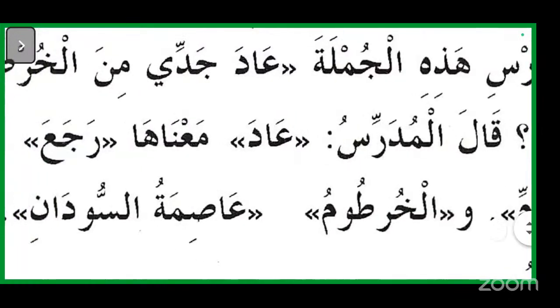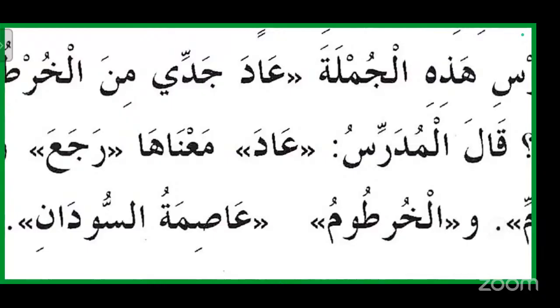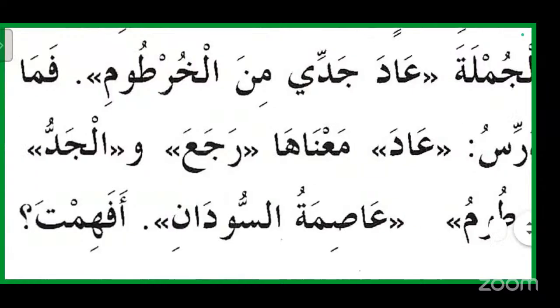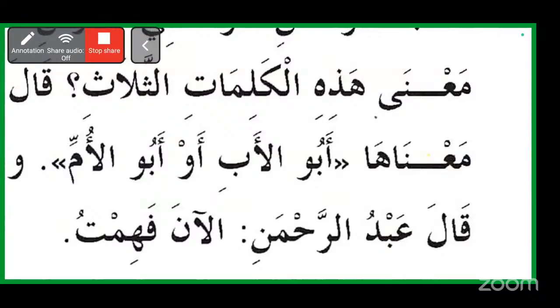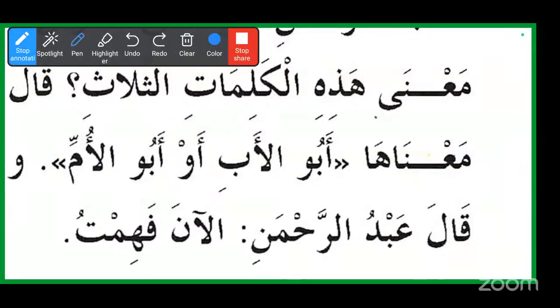قال المدرس عاد. عاد معناها رجع. आदा means रजा, and رجع means... वलजद्दु मअनाहा अबुल अबी आओ अबुल उम्मी. Now the teacher is explaining the meaning of the word al jaddu.